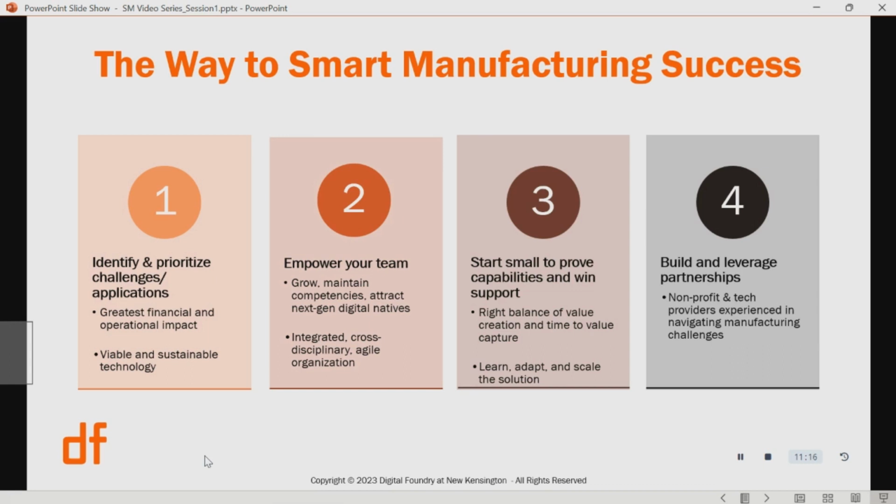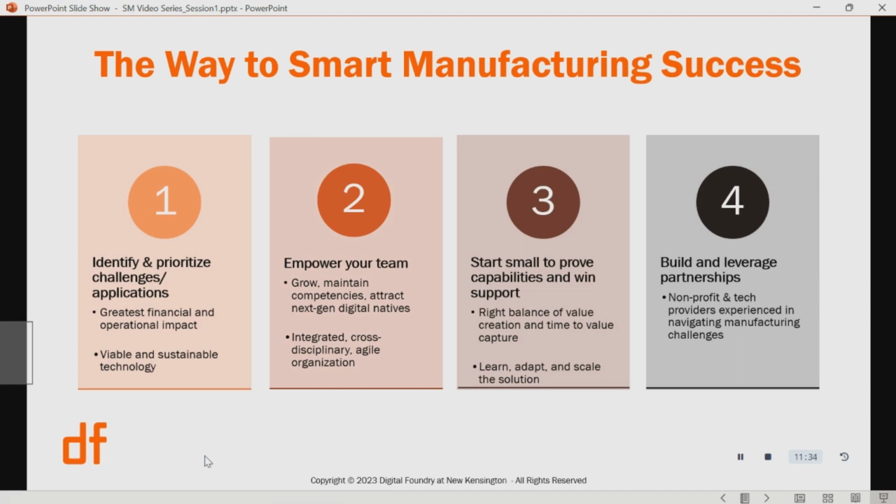They're looking for more digitization and more technology in their day-to-day work. Integrated and cross-disciplinary teams that are agile organizations, that are flatter organizations, all of those things can help in the rapid implementation and sustainability of your technologies.